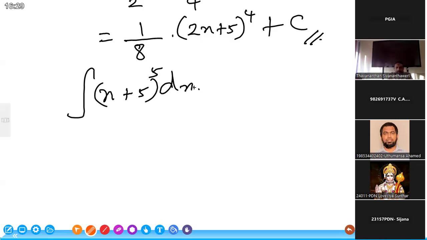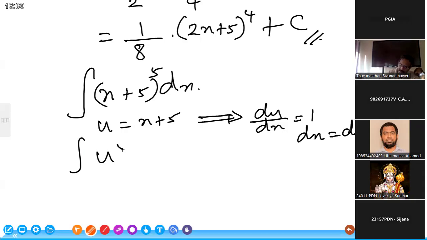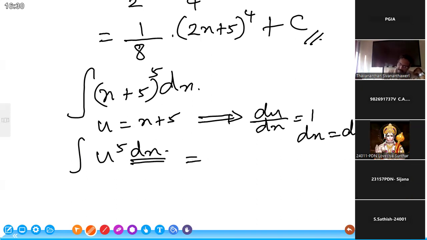Anyone? Simple, isn't it? We consider u as x plus 5. From that, du by dx is equal 1. So dx is equal du. So integration of u to the power 5 du.